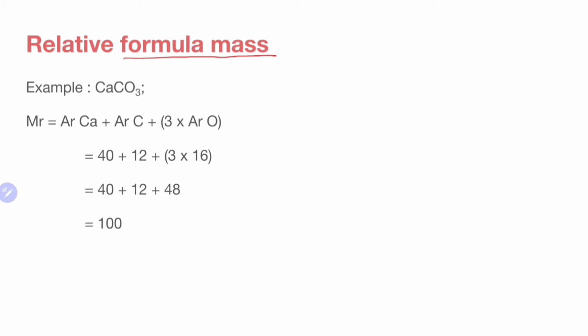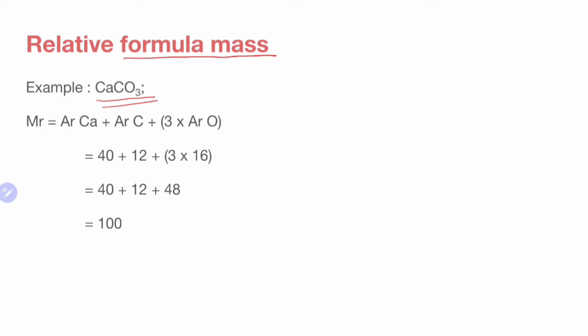As we know, for an ionic compound, the particle is not a molecule but a unit. CaCO3 is the empirical formula. But the way we calculate the MR is the same as for a covalent compound.